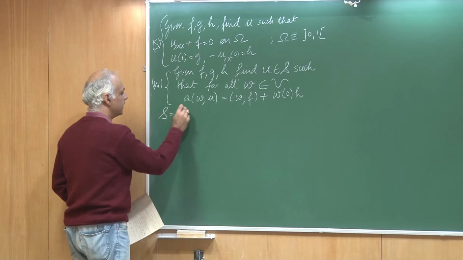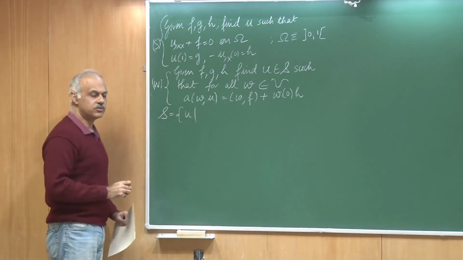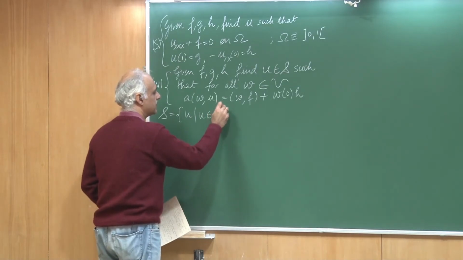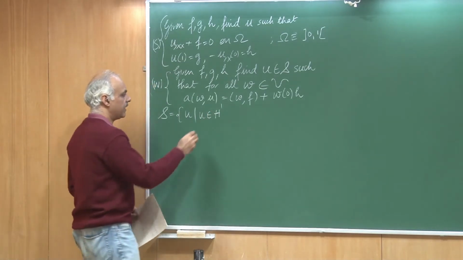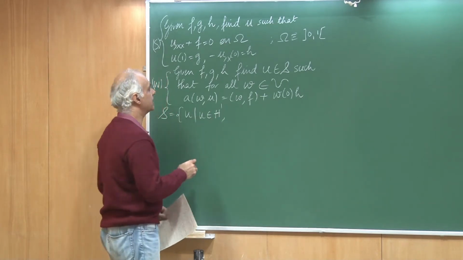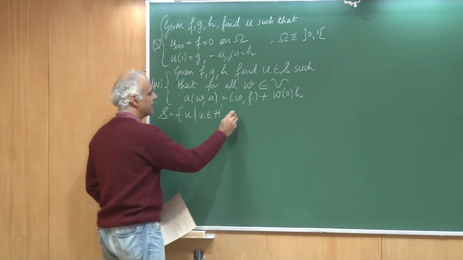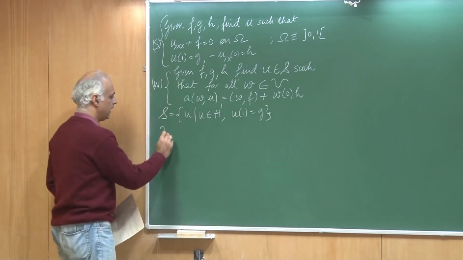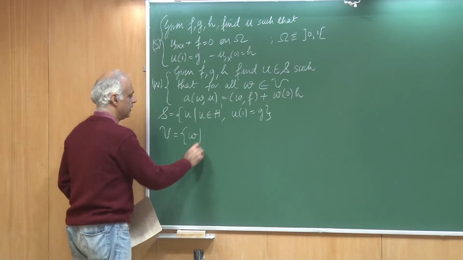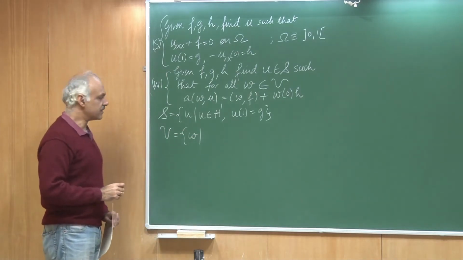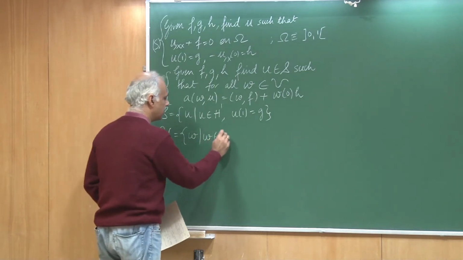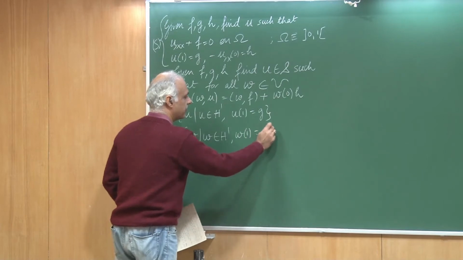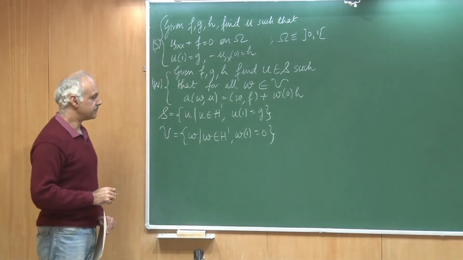S is the solution space, it consists of functions u such that u belongs to the Sobolev space of order 1, and it also satisfies the essential boundary condition, which is actually this Dirichlet boundary condition u1 equal to g, and the variation space consists of all these functions w such that w also belong to the class H1, and they satisfy the homogeneous version of the essential boundary condition.